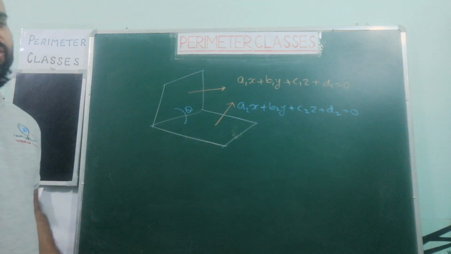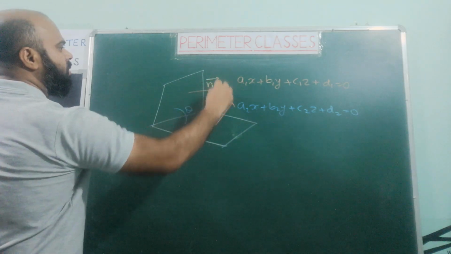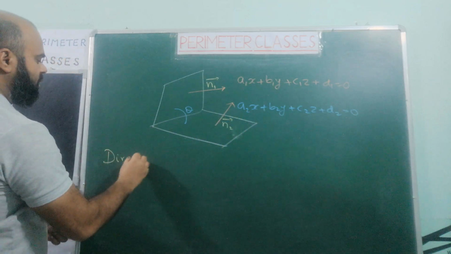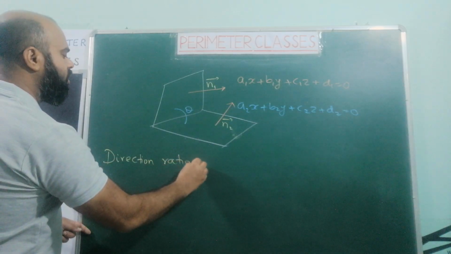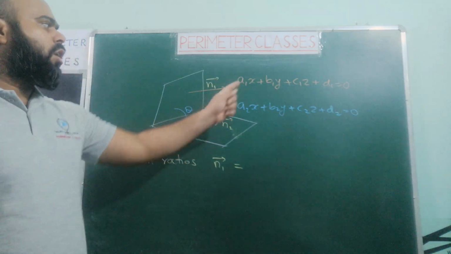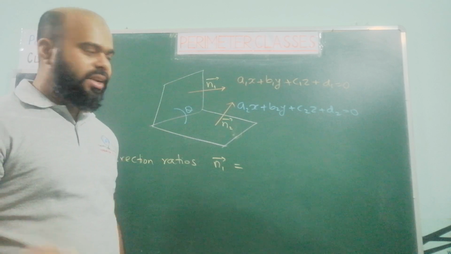And what are the direction cosines of the normals? This is normal 1, this is normal 2. If we talk about direction cosines, direction ratios also we can take. The direction ratios of n1 are actually the coefficients of x, y and z that we studied in earlier lectures.